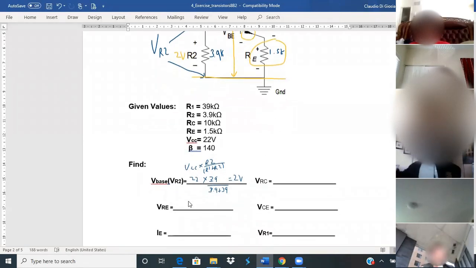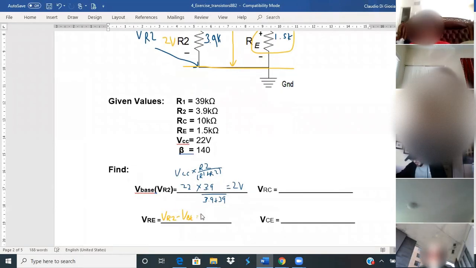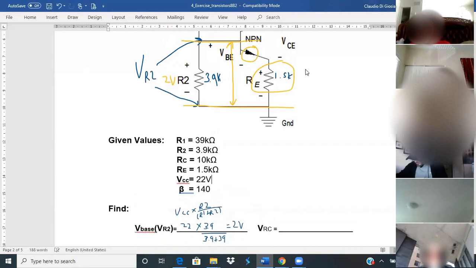So VRE is VR2 minus VBE. So VR2 is 2 volts minus 0.7 is equal to 1.3. So the voltage between these 2 terminals, the top and bottom of the resistor, is 1.3 volts.